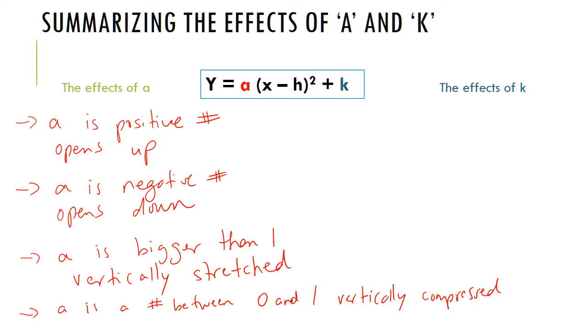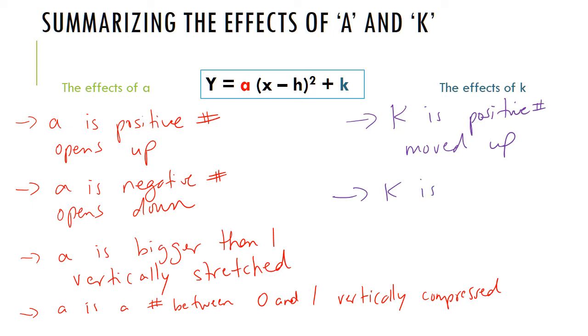And if A is positive, it opens up. If A is negative, it opens down. The effects of K. Again, A is the only one that has 4 things. K was pretty easy. When K was a positive number, your graph moved up.